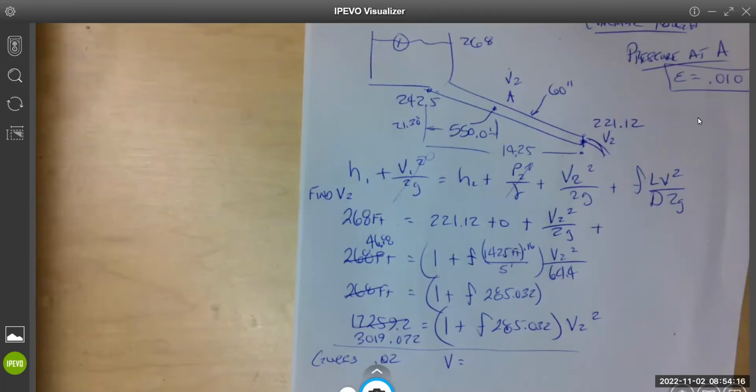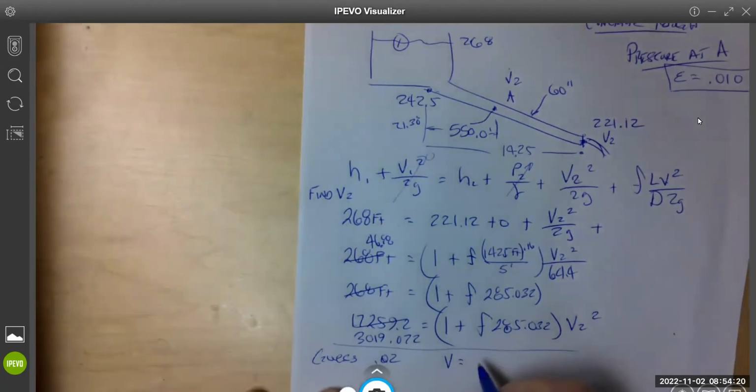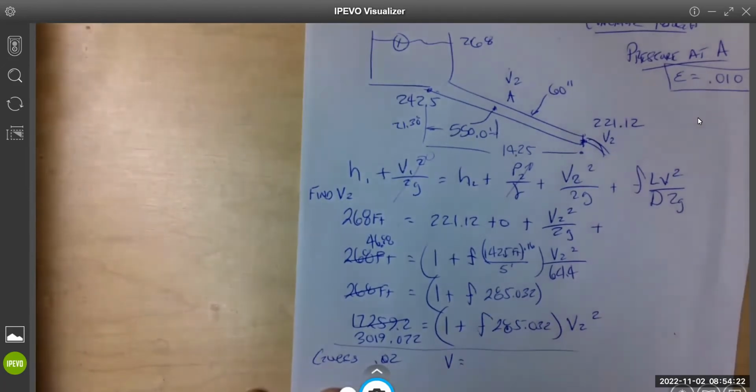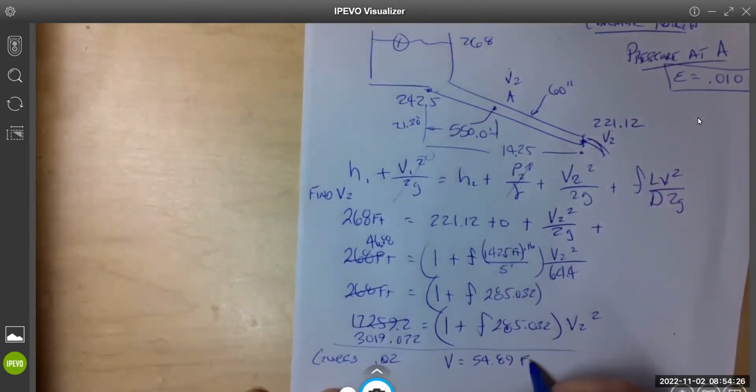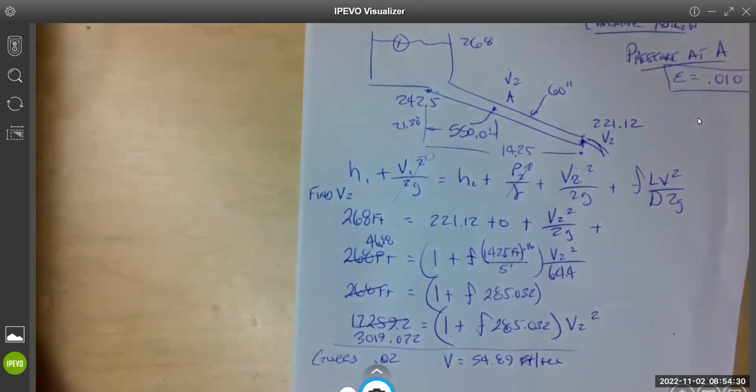And I want to verify Brian's number. What'd you get, Brian, for velocity? I think it's good. 54.89. So see if you can get that, Nick. Looking at 0.02. Yeah, it's just my freaking calculator. I can't do it. I have to save every number.